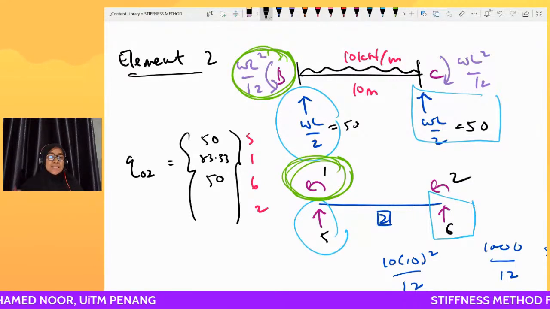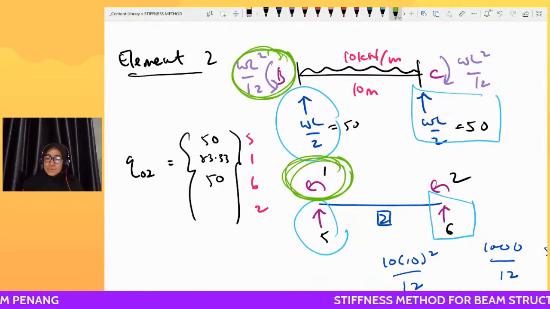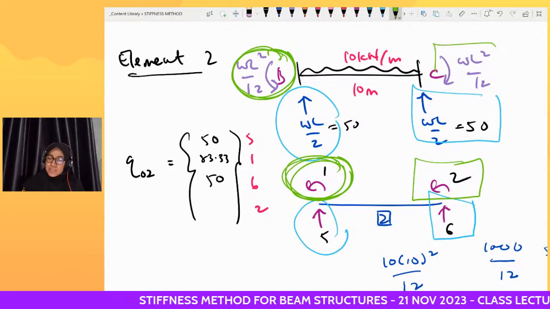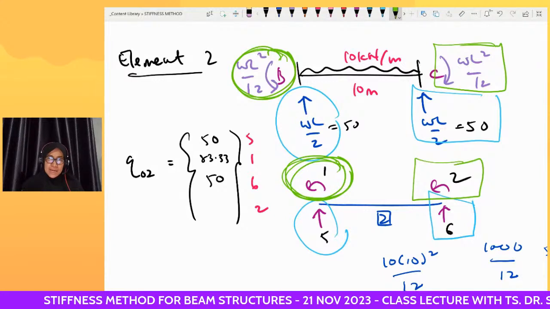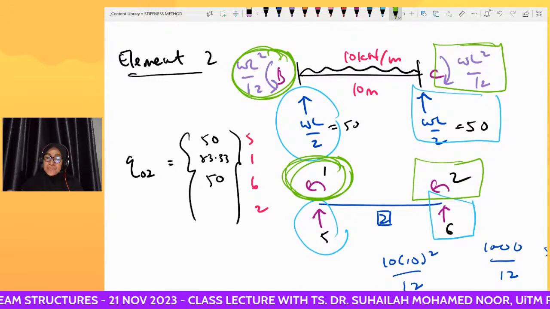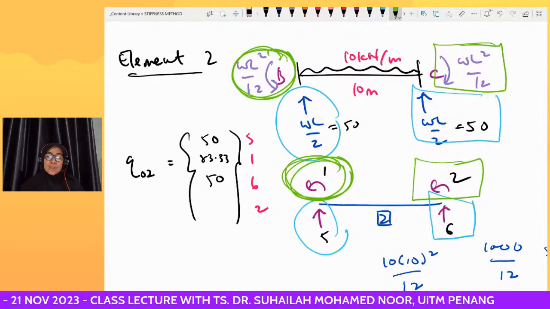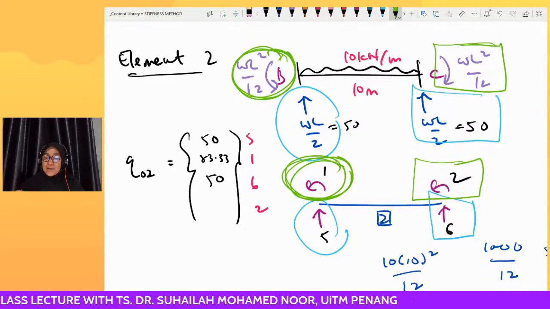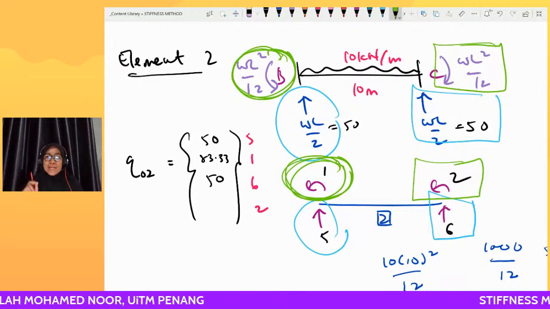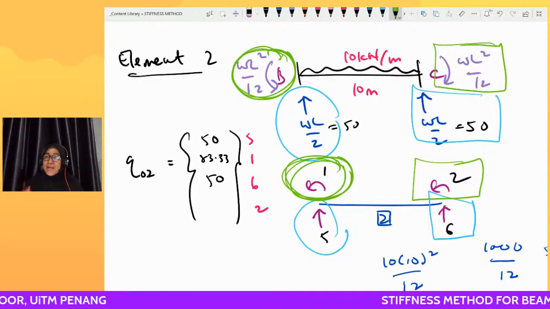Last one, position 2. This is position 2. The direction is opposite, and when it is opposite, it is negative.